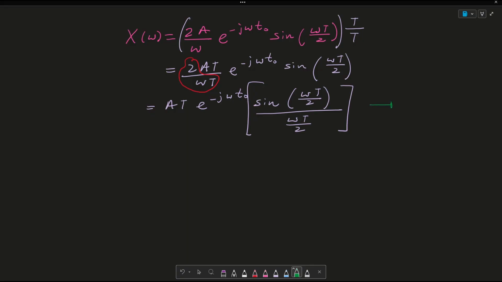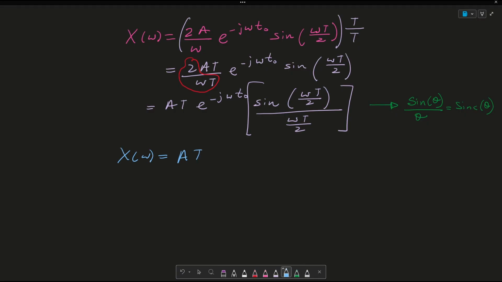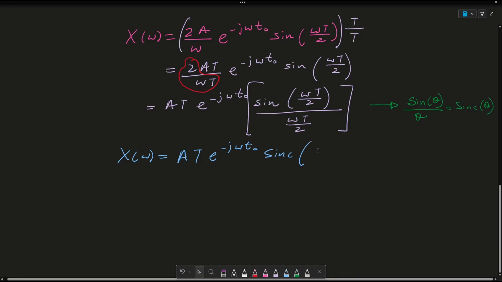And I'm going to use some knowledge on sines. I know that sine of theta over theta is equal to this sinc function of theta. Therefore, my Fourier transform X of omega is equated to A T e to the minus j omega t naught times sinc of omega T over 2.